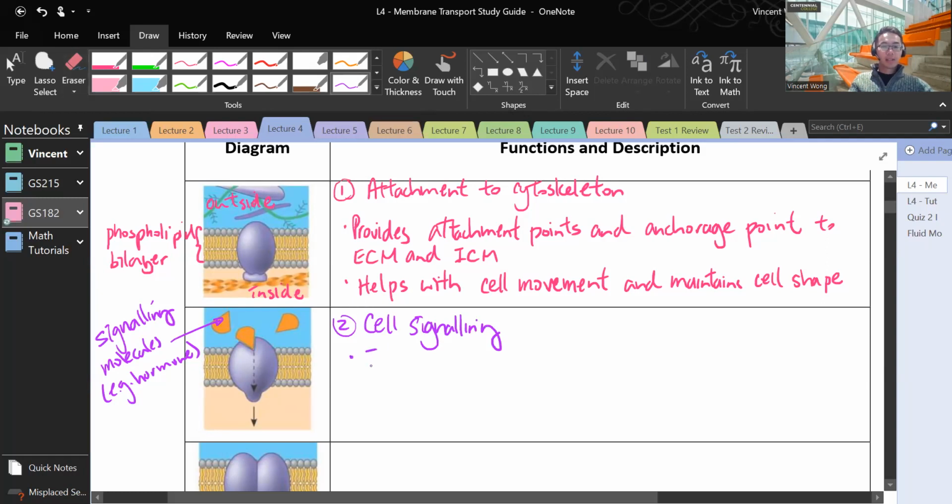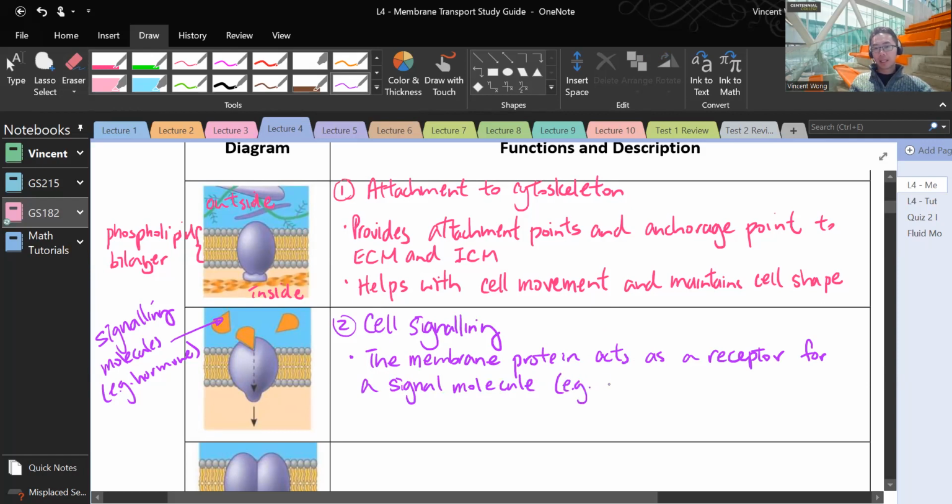The membrane protein acts as a receptor for a signal molecule. For example, it could be a protein hormone. Steroid hormones can just go right through the cell membrane, right? But protein hormones cannot, because it's hydrophobic in the middle.